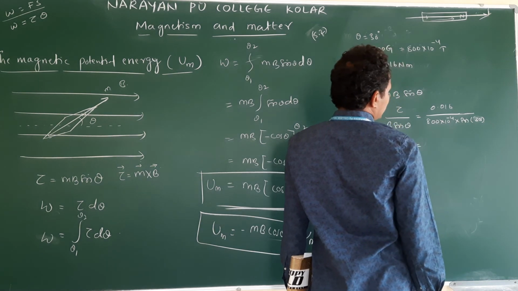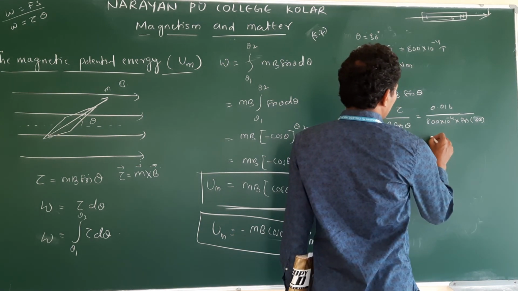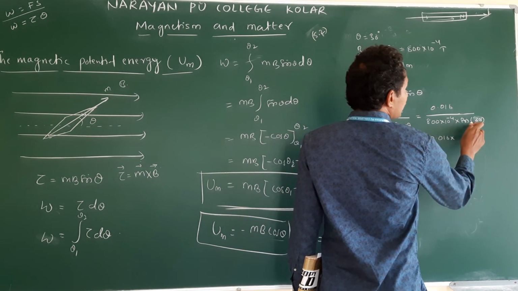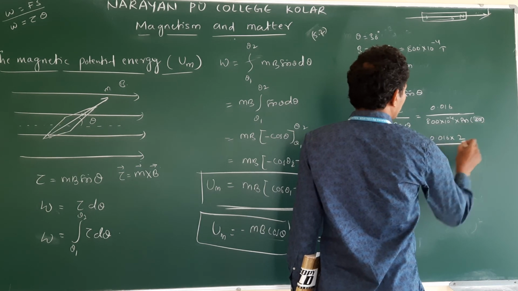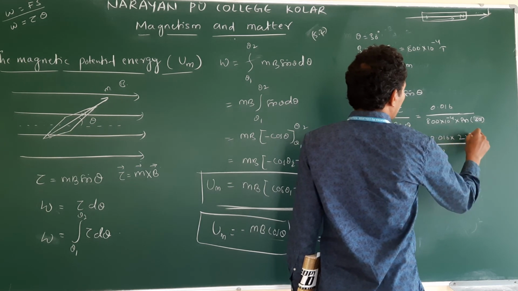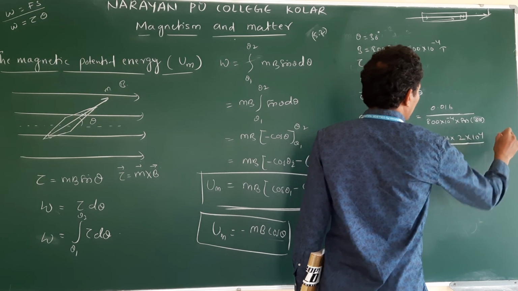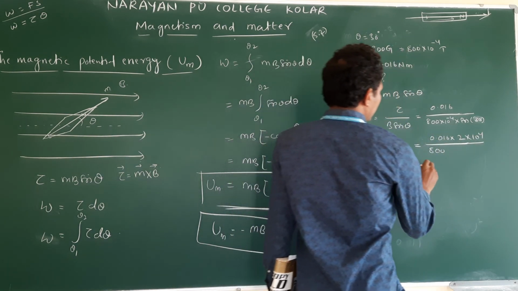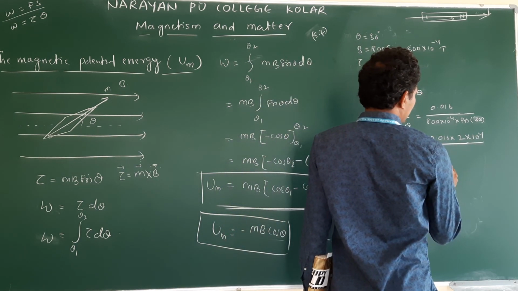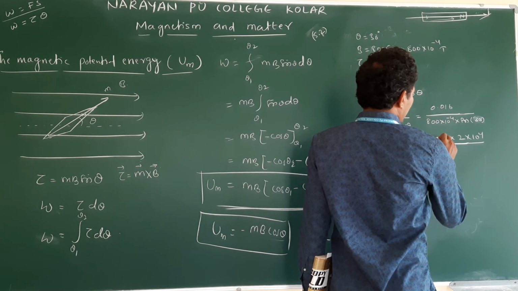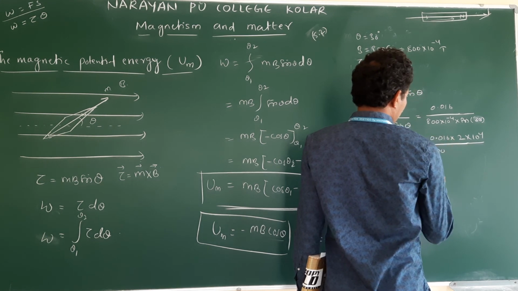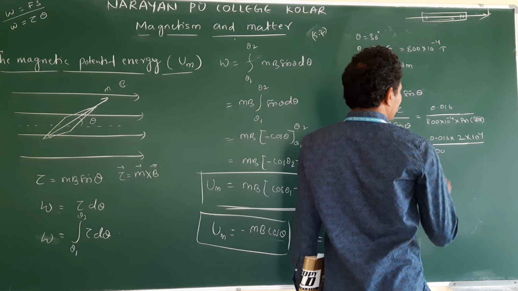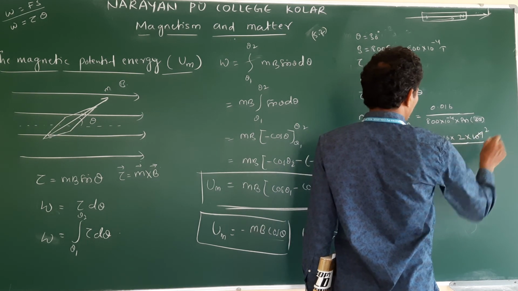Okay. Then this is 0.016. Sin 30 is 1 by 2, so 2 comes up. 800, the 4 also goes up. In this calculation, 2 zeros cancel, we will have a 2.